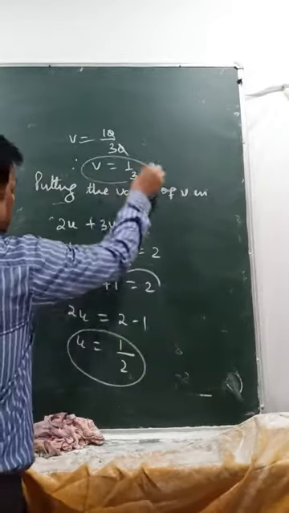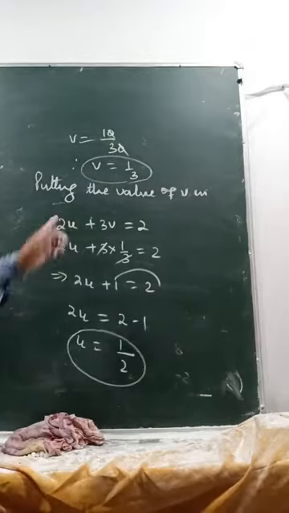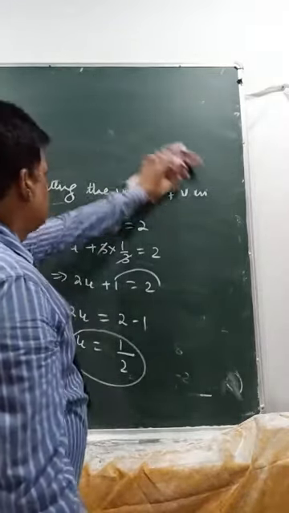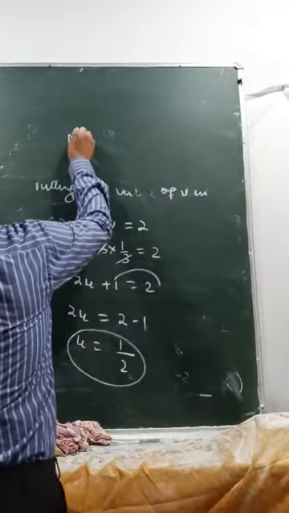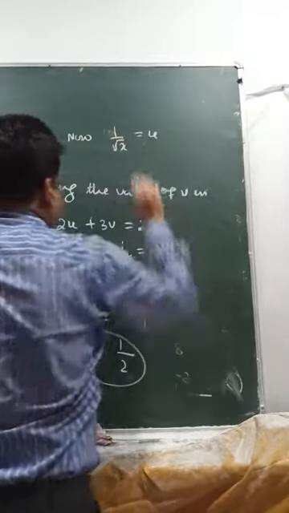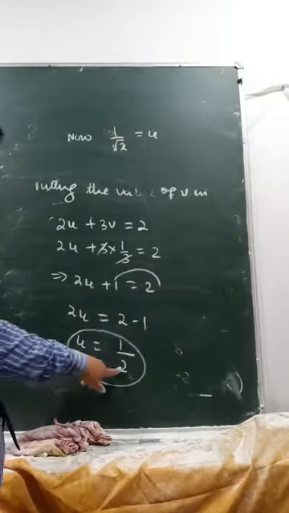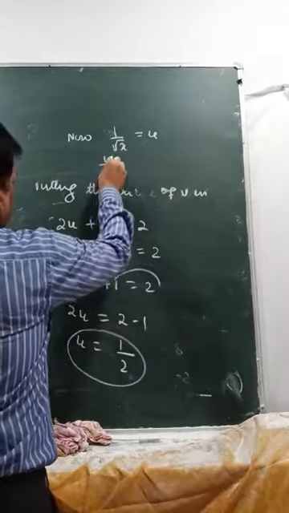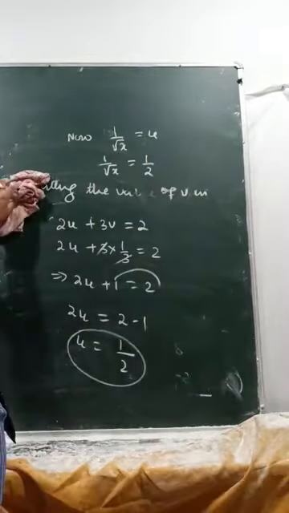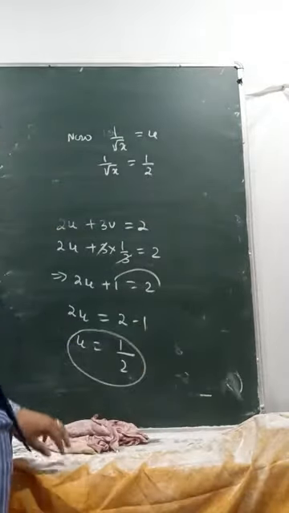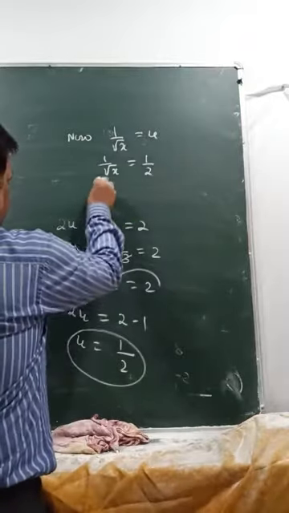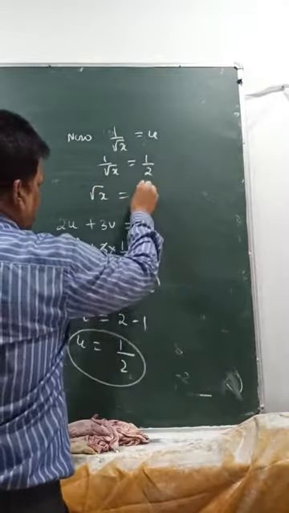You got v here. But you have to go back to your question. What substitution have you taken? 1 by root x equals u. So u is ours. Now 1 by 2. So 1 by root x equals 1 by 2. First you find root x: reciprocal. Root x equals its reciprocal, which is 2.